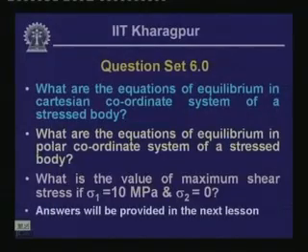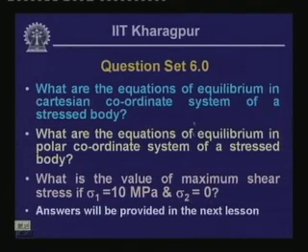Now, having looked into these aspects of stresses, let me pose some questions for you. What are the equations of equilibrium in the Cartesian coordinate system of a stressed body? What are the equations of equilibrium in the polar coordinate system of a stressed body? And what is the value of maximum shear stress if sigma 1, the maximum principal stress, is equal to 10 MPa, and the minimum principal stress sigma 2 is equal to 0?